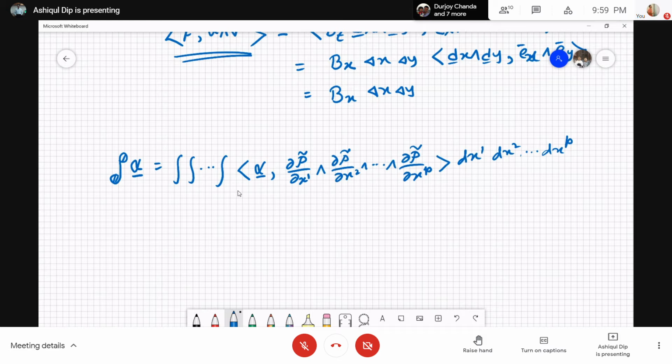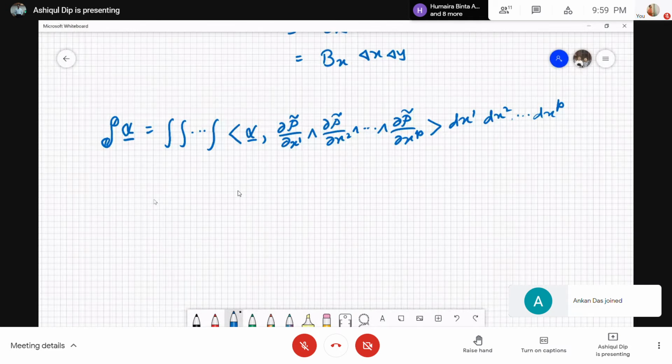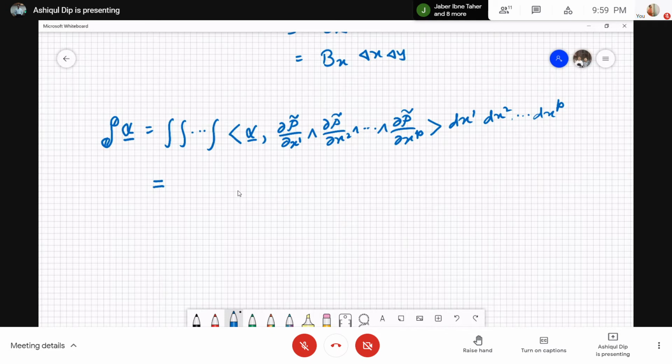Now, we have already seen the example of how you change the representation of alpha. We have already seen one theorem, right? How dx wedge dy wedge this thing changes.